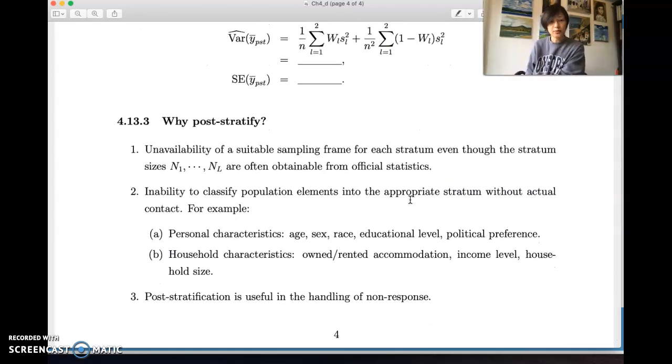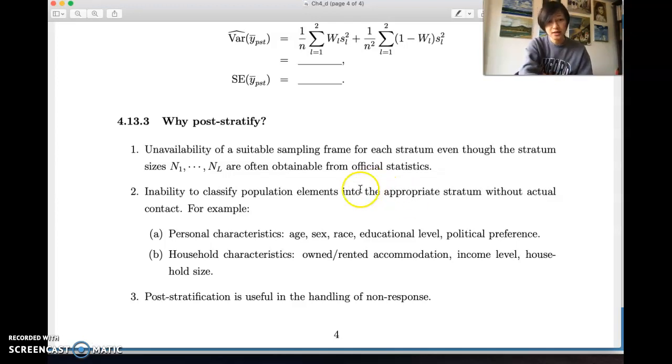Lastly, why we do a post-stratification, like we mentioned at the beginning: if we don't have full information of the stratum population size, or we don't have the stratum variances, we can't easily divide them into strata to know whether we have a homogeneous or heterogeneous nature between strata.